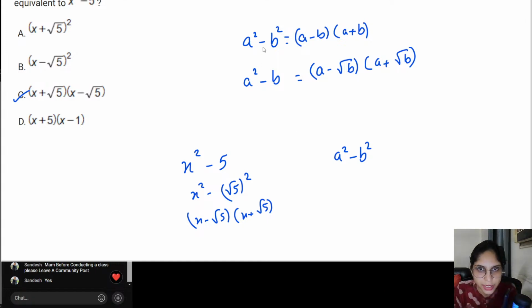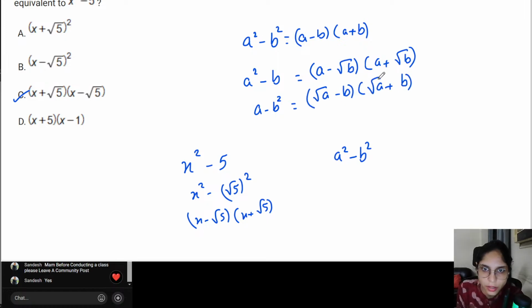It's question number 9. Next is question number 12. Also, you can have a minus b squared. Then also you will do square root of a minus b, square root of a plus b. And they can just write a minus b.